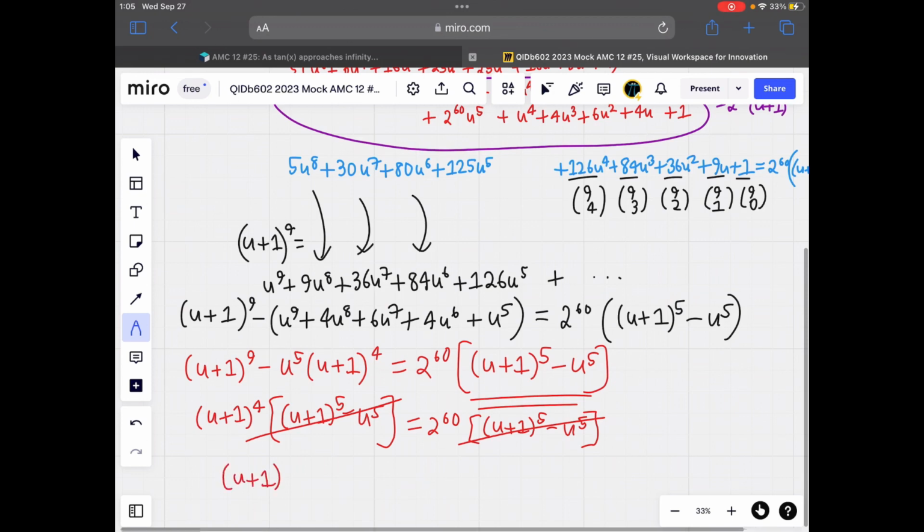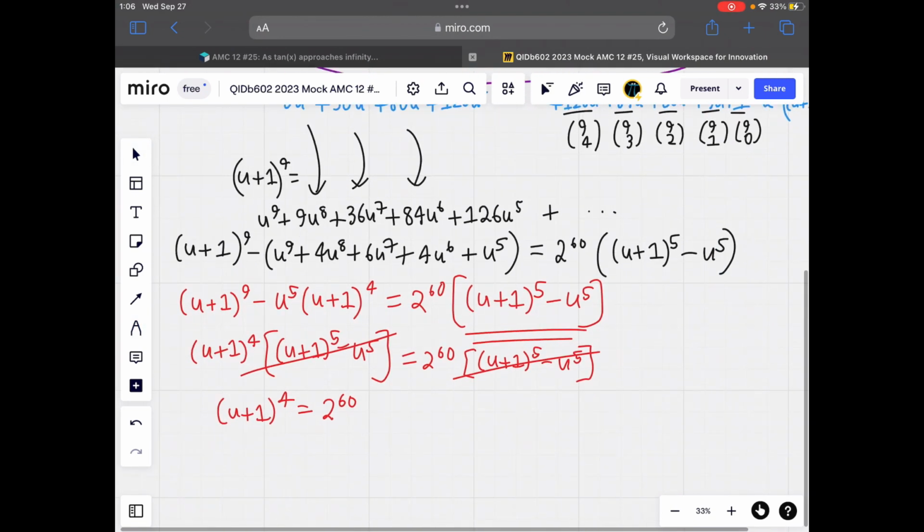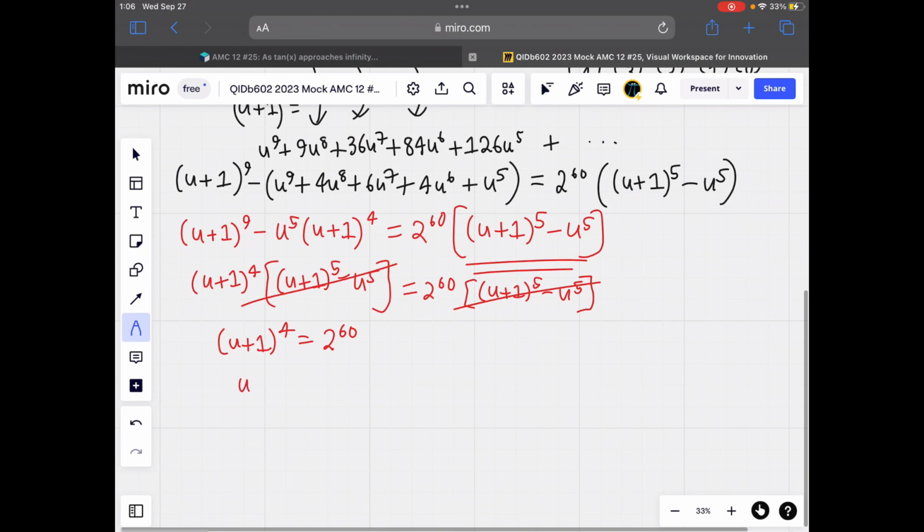And we get (u + 1)^4 equals 2^60. And now we have u + 1 equals 2^15. So u is equal to 2^15 minus 1, which is equal to 32768 minus 1. And that's equal to 32767.